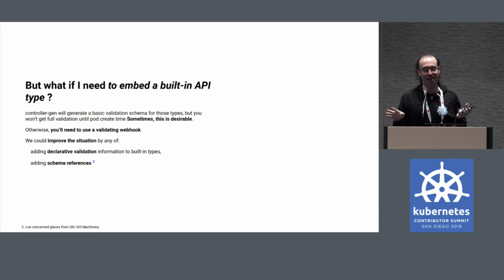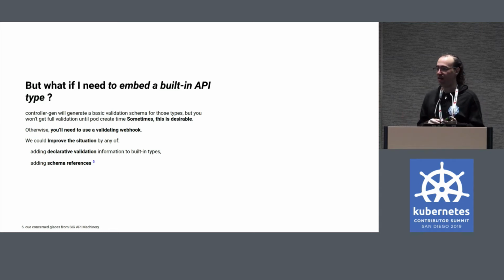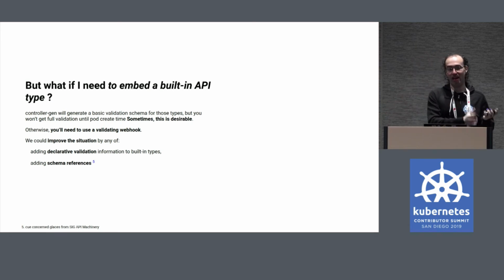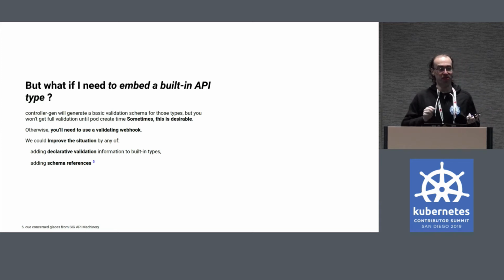So let's talk about some of the things where we might start getting into shaky ground in terms of CRDs versus built-in APIs. The first is embedding a built-in API type into a CRD. This is possible with some caveats. As I mentioned at the beginning of the presentation, we don't have declarative validation information on our built-in types. Well, that comes back to bite us when we go to embed stuff into CRDs. A really common case for both our users and for us is embedding pod spec into types.